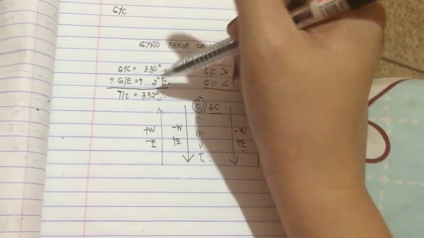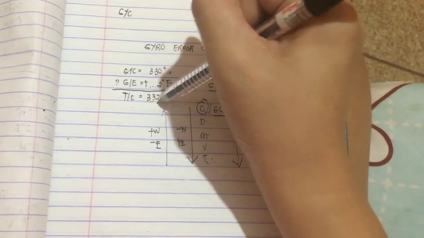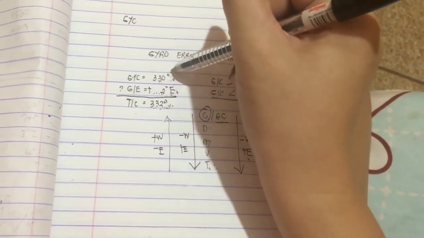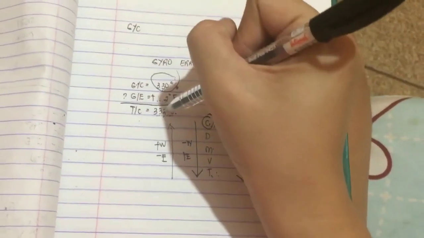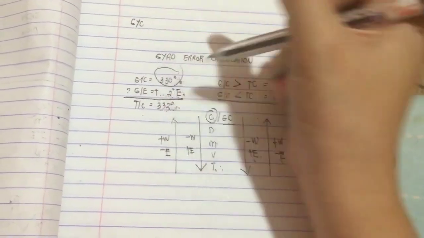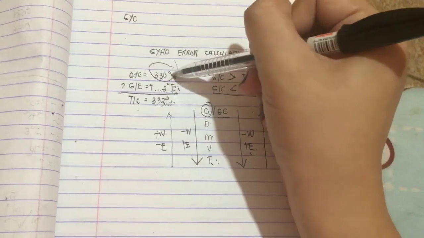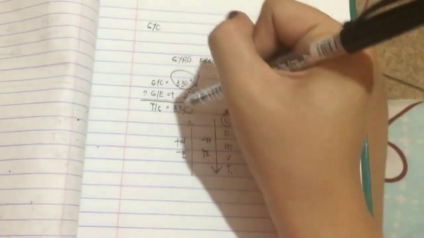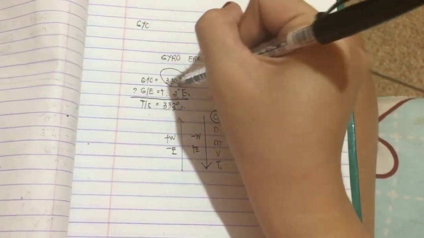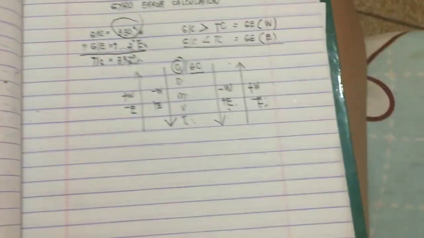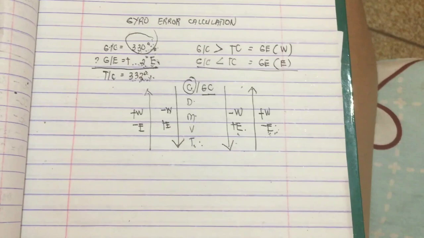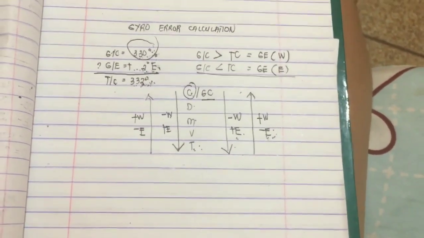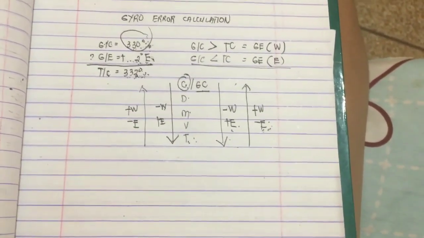How much should be subtracted to true course in order for us to get the gyro course, which is 330 degrees? So 332 minus 2 is 330. So that is how to calculate the gyro error using the gyro course and the true course. So very easy.